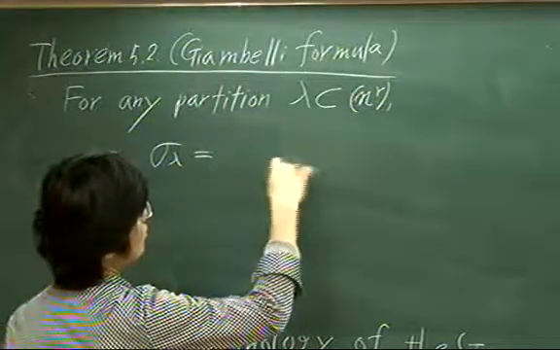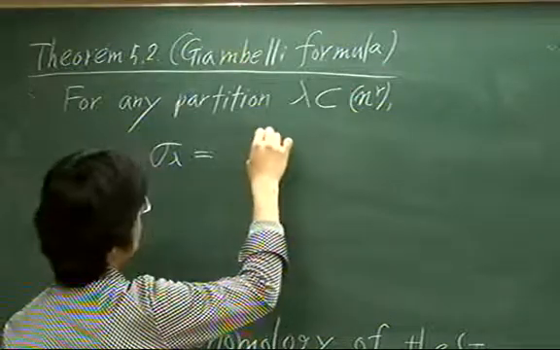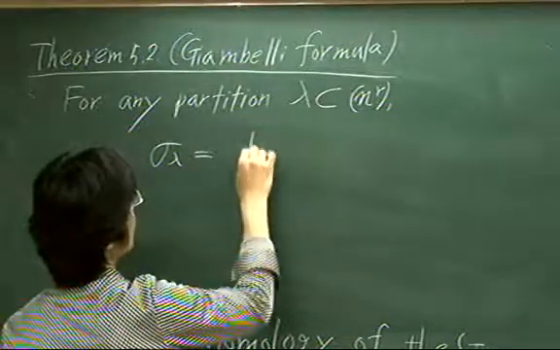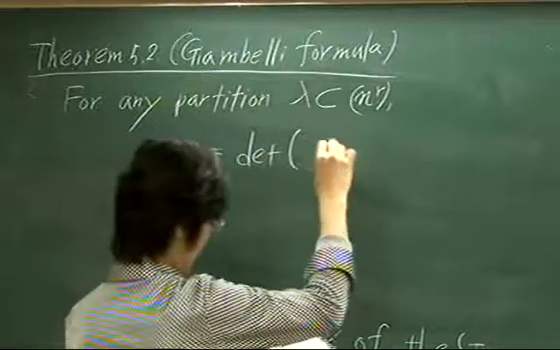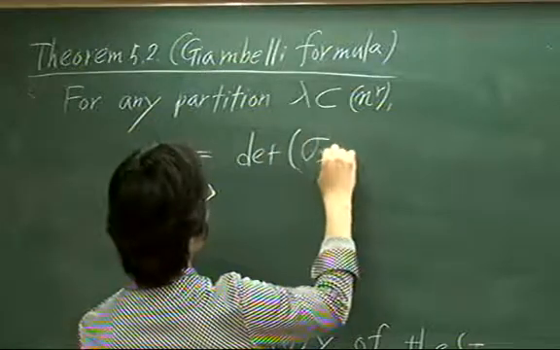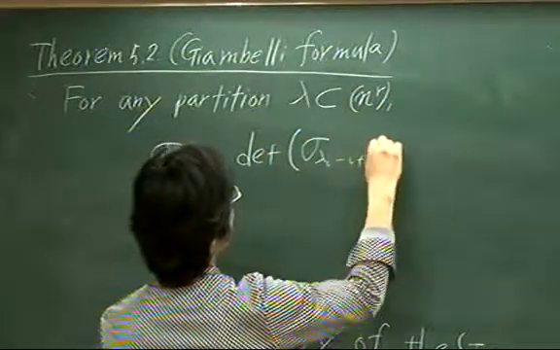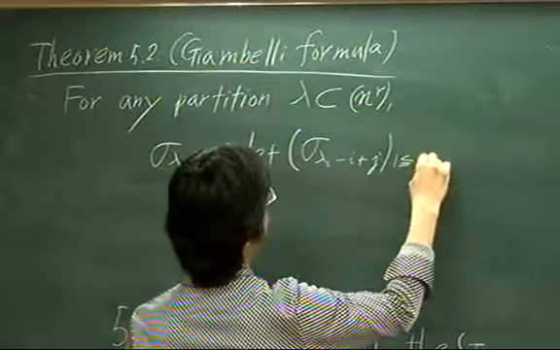The polynomial is expressed explicitly, given by the determinant of sigma lambda i minus i plus j.